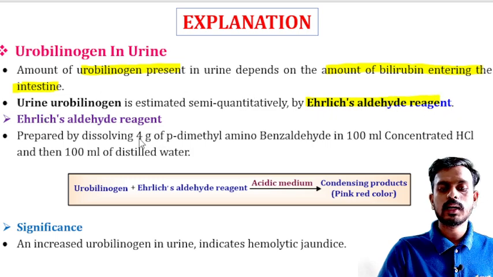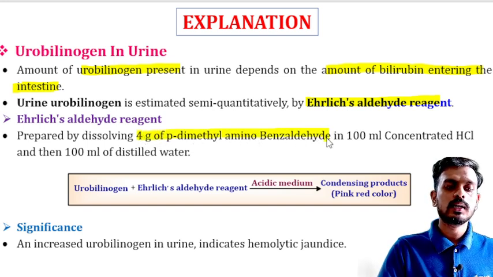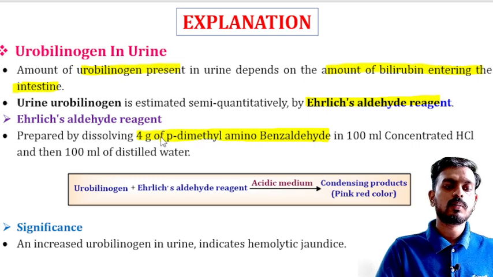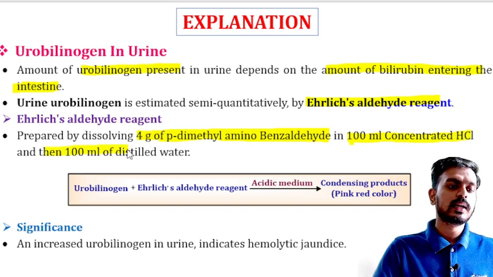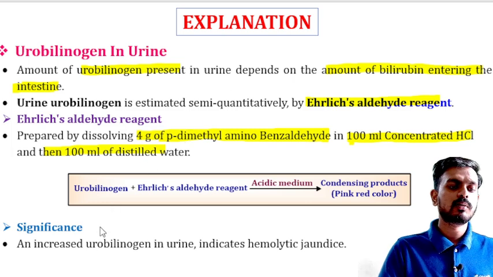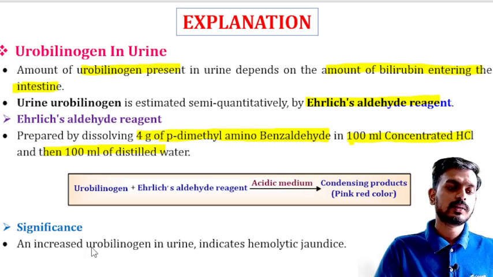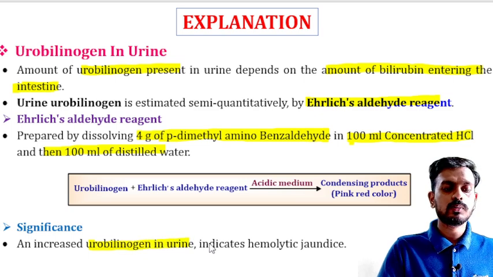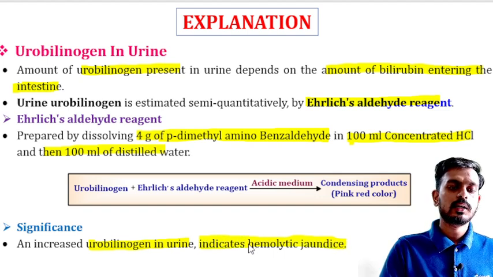It is prepared by dissolving 4 gram of para-dimethylaminobenzaldehyde in 100 ml of concentrated HCl and then adding 100 ml of distilled water. An increased urobilinogen in urine indicates hemolytic jaundice.